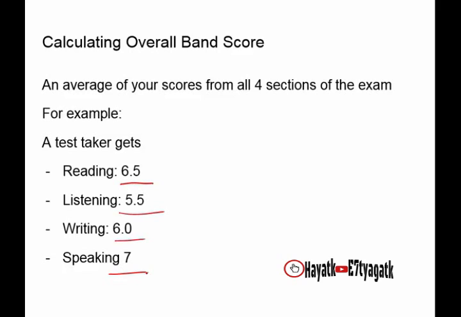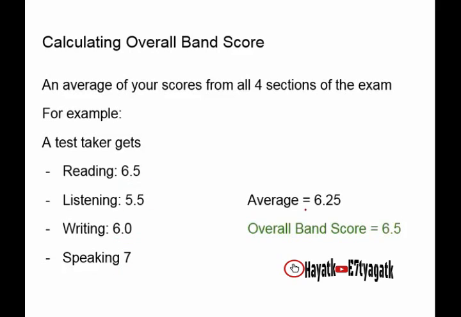When you do that, you get 6.25. Remember, scores are always in half-point increments. So this lucky student would have their score rounded up to the next half point, 6.5.